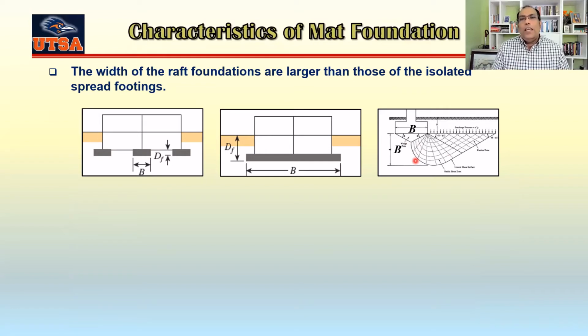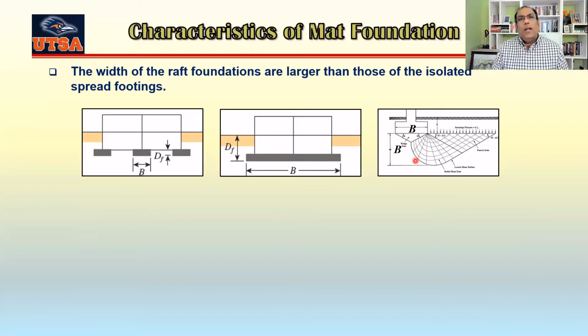We know, if you go down into the soil, your bearing capacity increases. Why does it increase? Because as you go down, your soil is more compacted by the soil above it. Okay, so at the surface, there is no load there, so it doesn't compact that well.